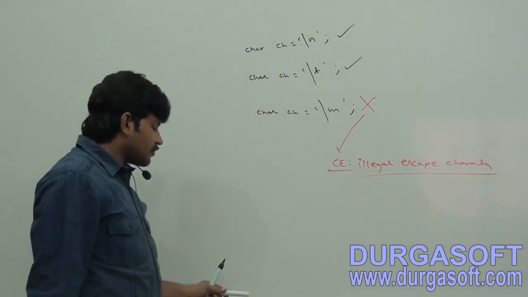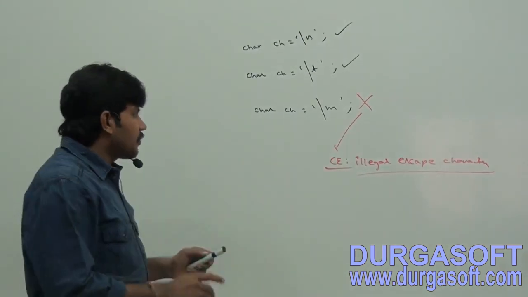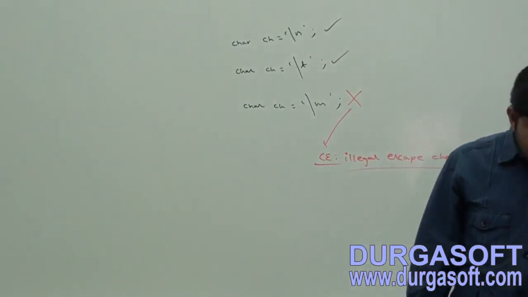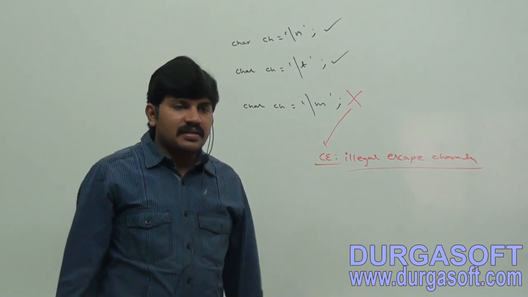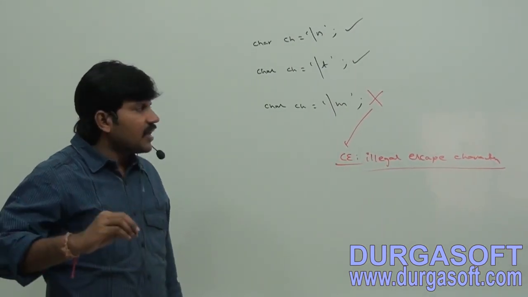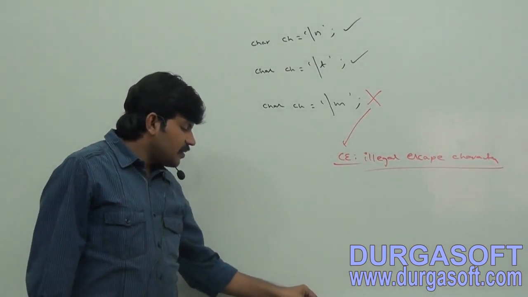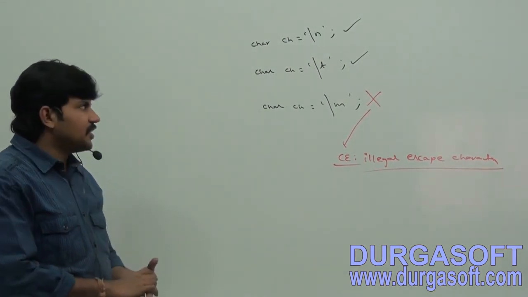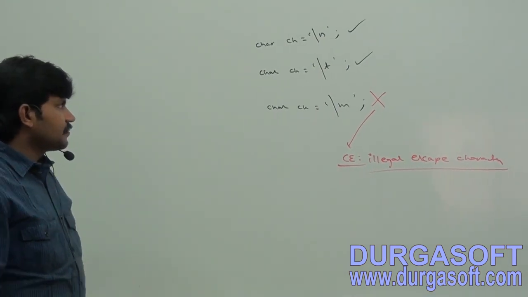Okay, add the fourth one. Every escape character is a valid char literal. Okay, example. Char ch is equal to backslash n.